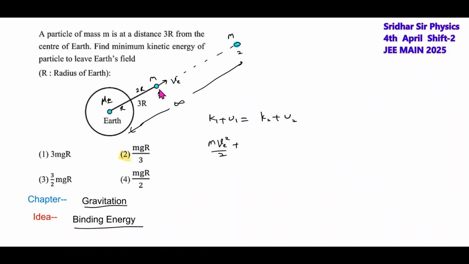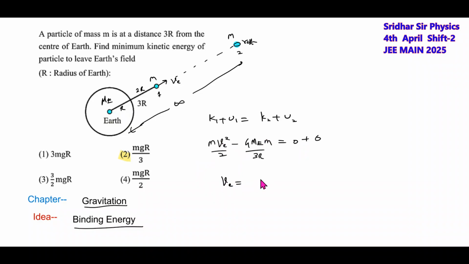Kinetic energy at 1 is half mv². When the particle is at 1, you have to calculate the interaction potential energy. For that, the interaction potential energy will be minus GMem by 3R, equal to kinetic energy at 2. The particle will be at rest, and the interaction potential energy will be 0. Then m will get cancelled out.